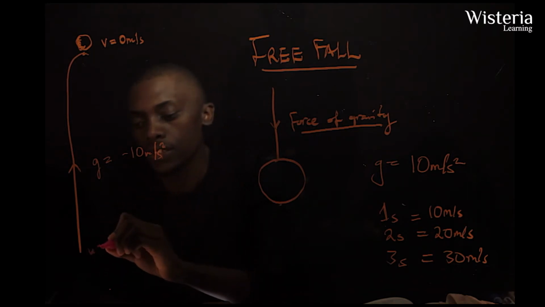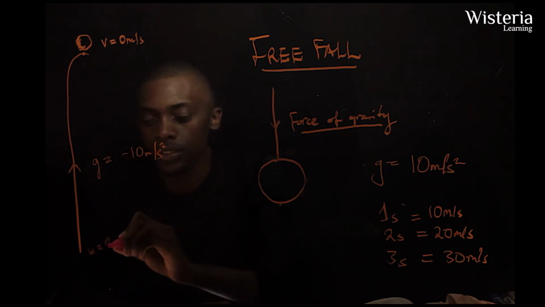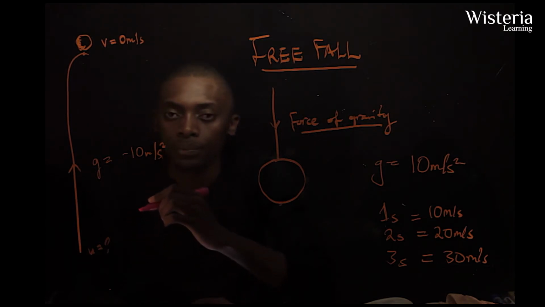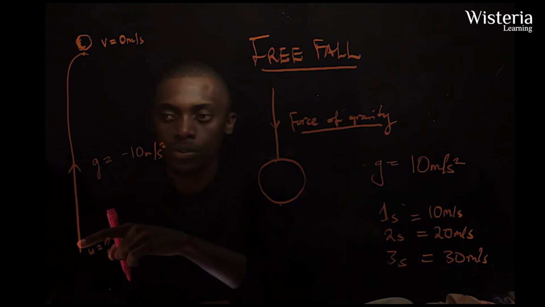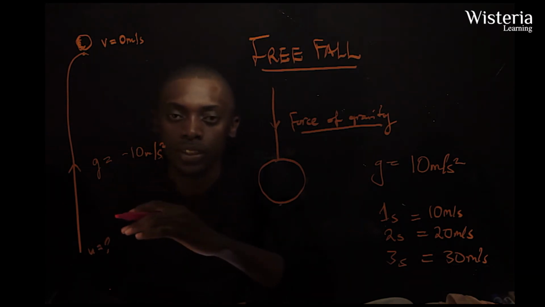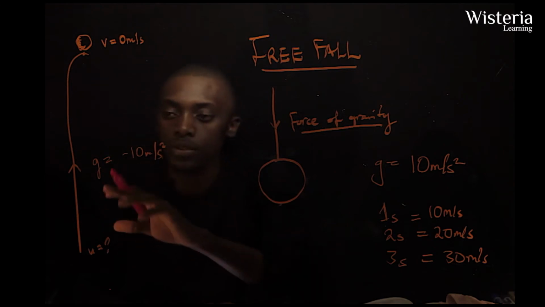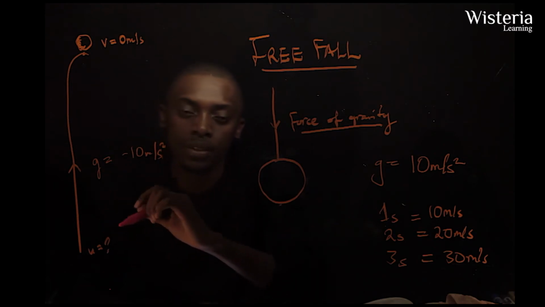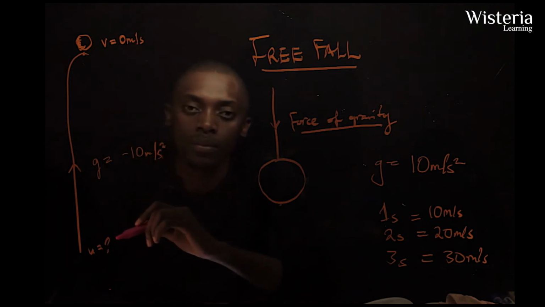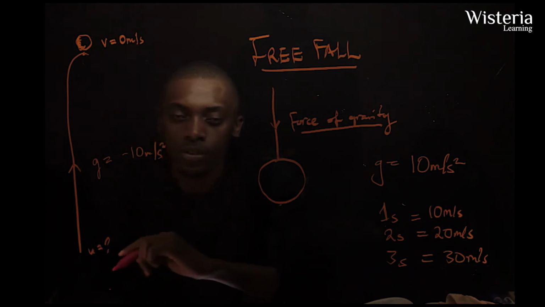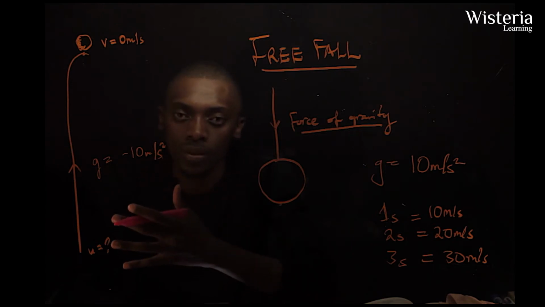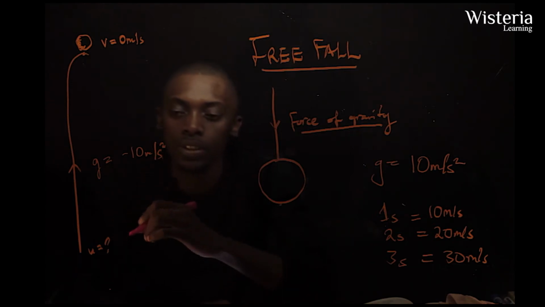The initial velocity for this object is never known, because we don't know how hard it was thrown upwards. So this is one motion that we need to know. For an object thrown upwards, its acceleration is negative 10 meters per second squared and its final velocity is 0 meters per second. Its initial velocity is never known unless we are given it in the question, and then we calculate for it.